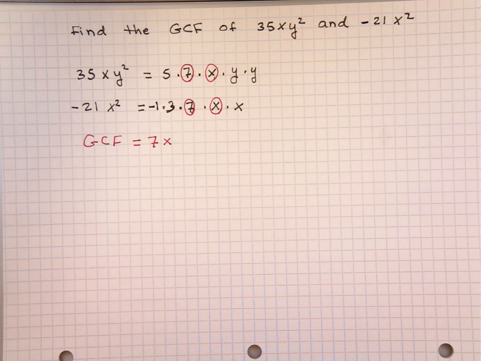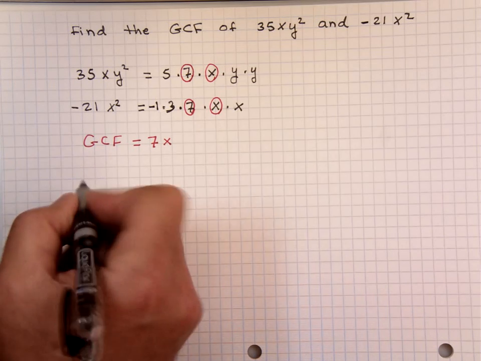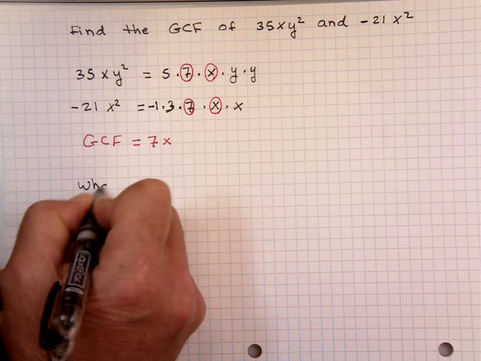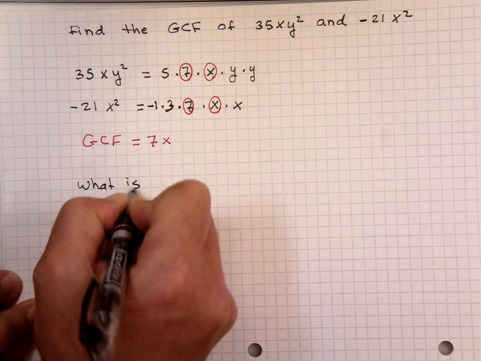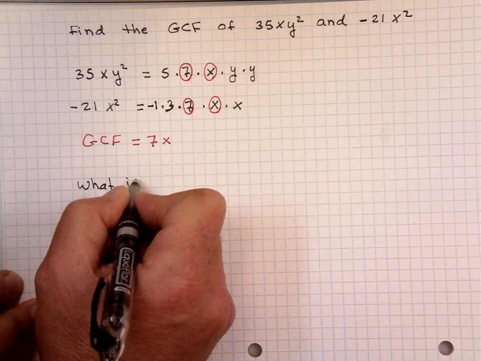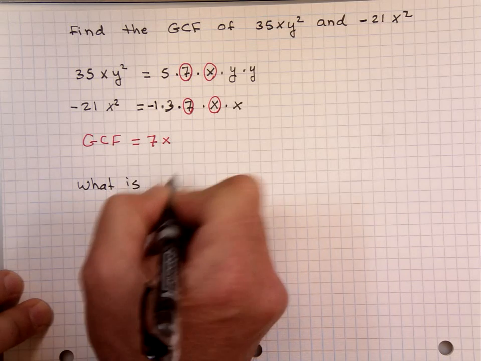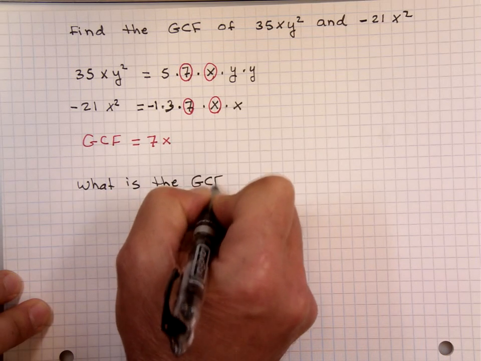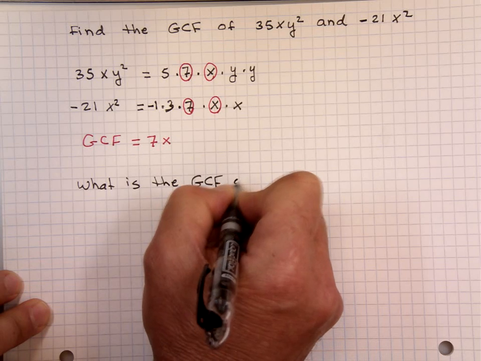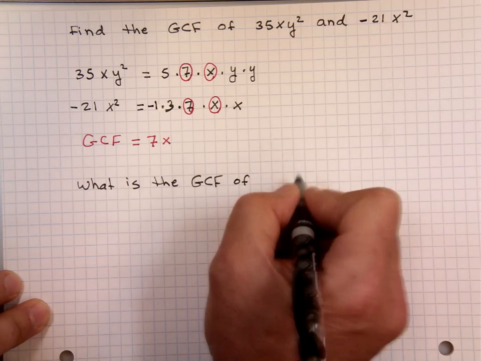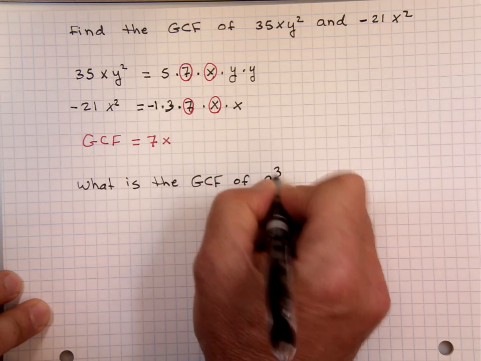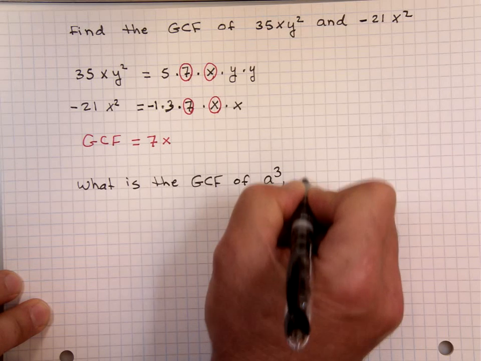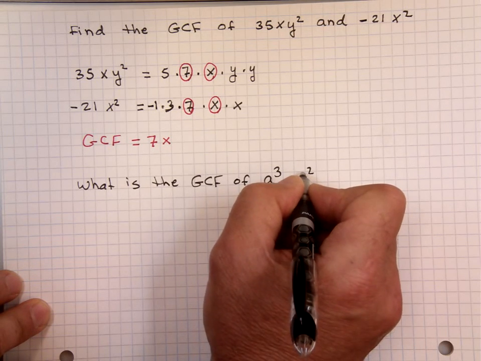Another example. What is the greatest common factor of a to the third, a squared and a?